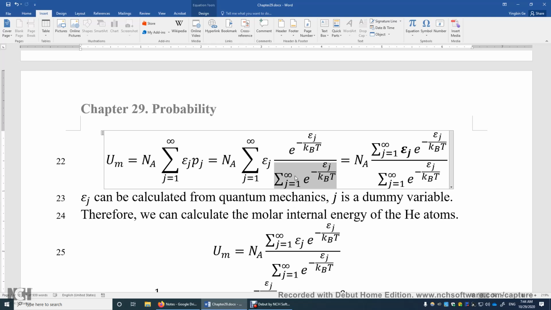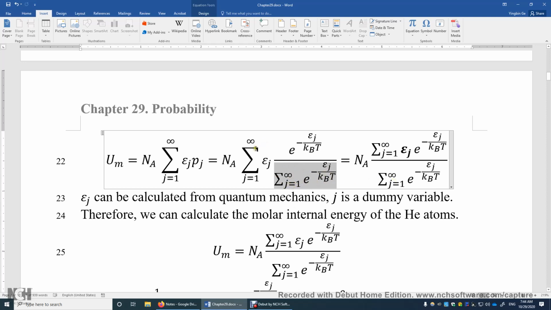Also, if you sum the values of I with I from 1 to 10, as well, the sum is going to be 55. It does not depend on I. So really, the sum does not depend on this dummy variable. So that's why you can take it out here.